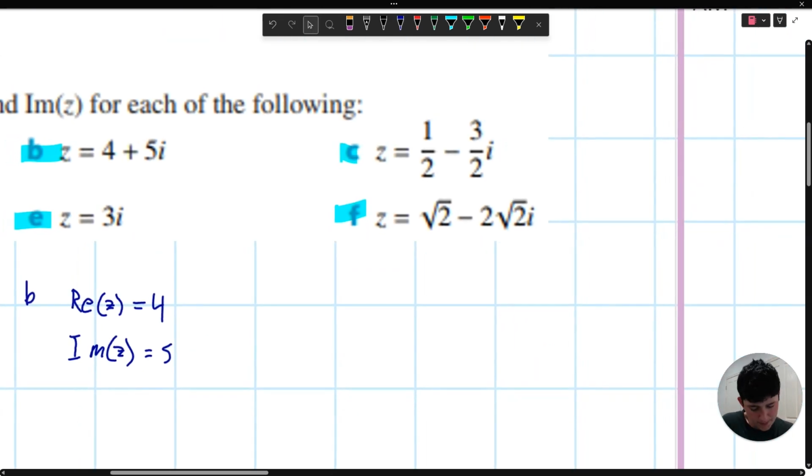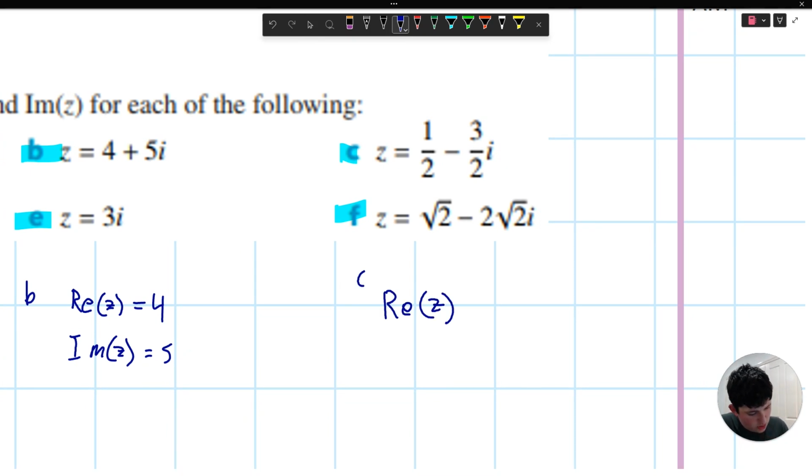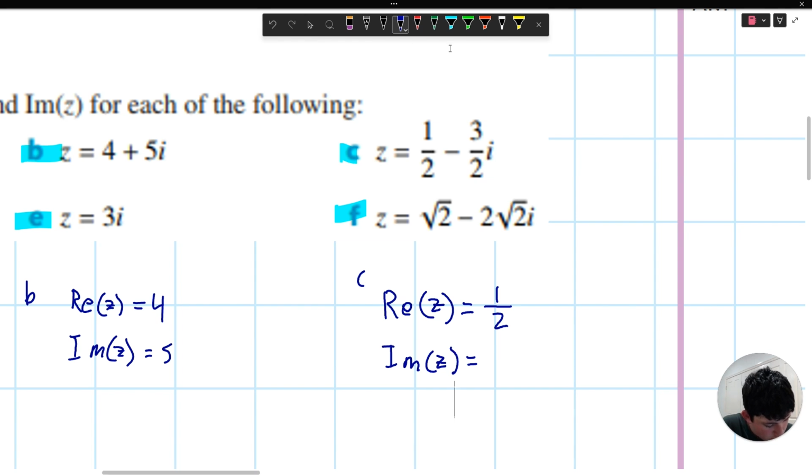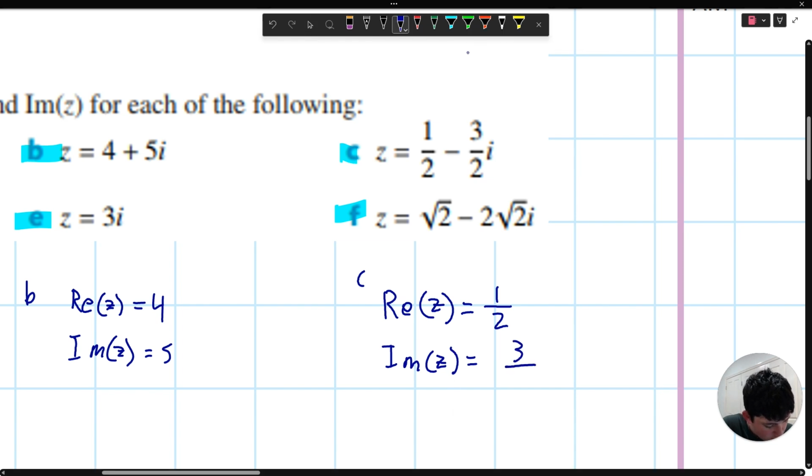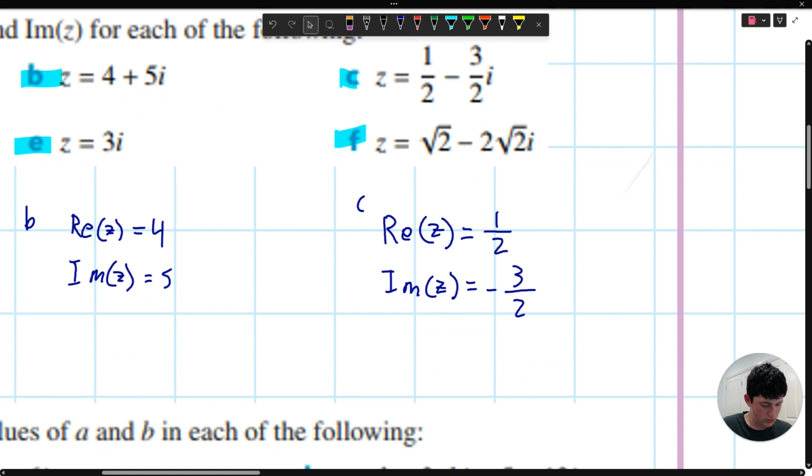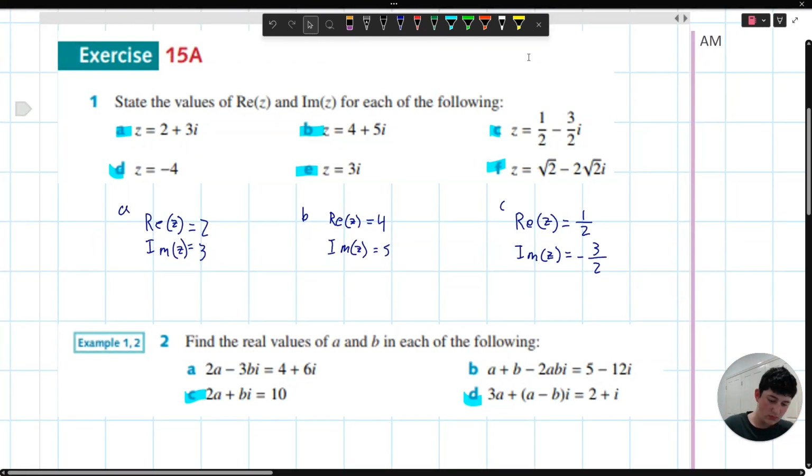We keep going. The real component of z for question C is a half. The imaginary component of z is negative 3 over 2. You see that?